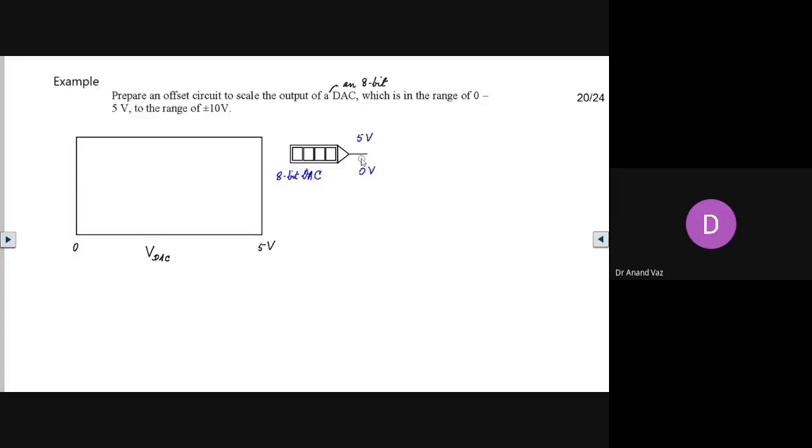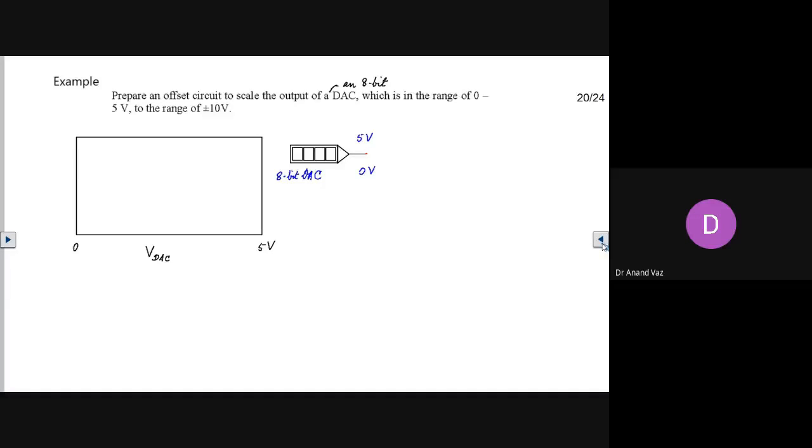And we have to produce the range plus minus 10 volts. Now, it has not been told to us specifically that 0 should correspond to plus 10 or minus 10, or 5 volts should correspond to plus 10 or minus 10. So we will take it to our advantage.